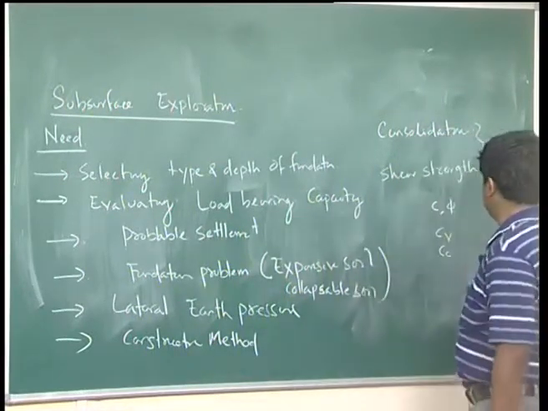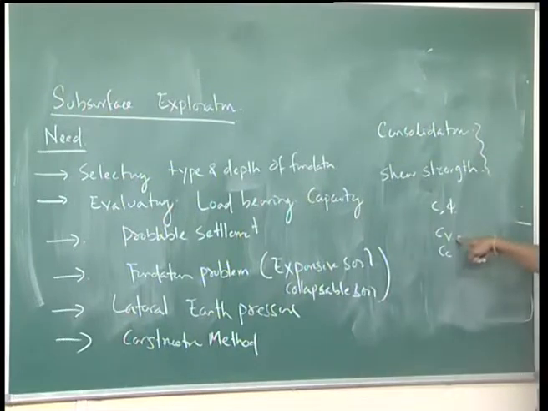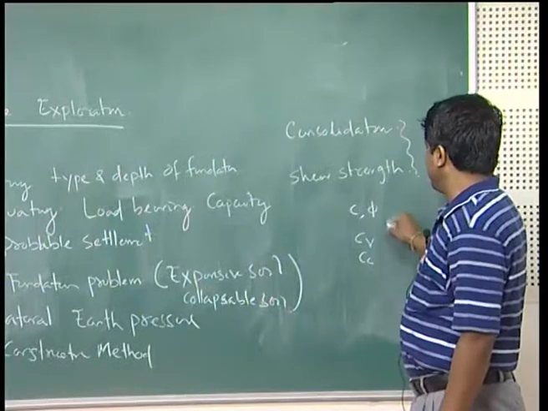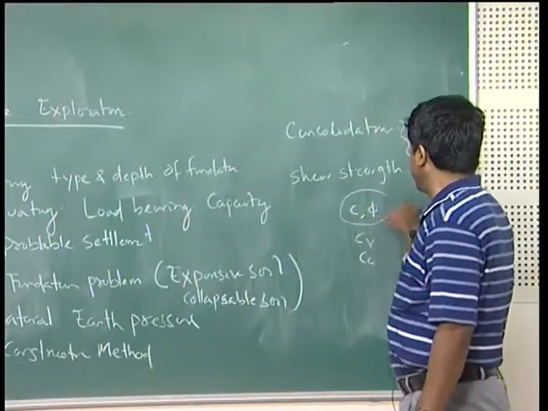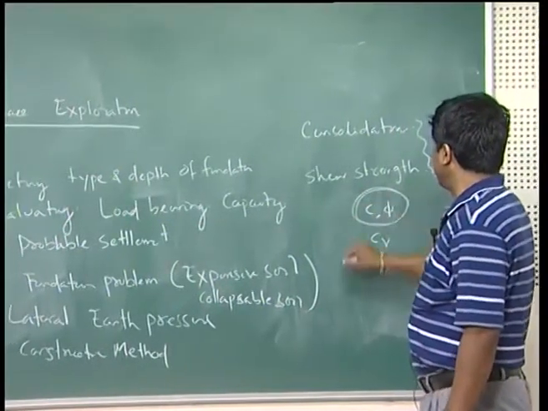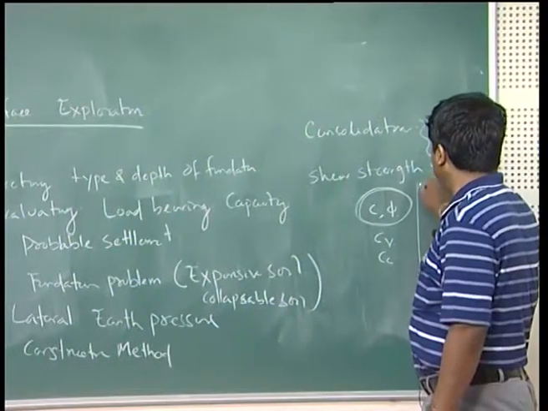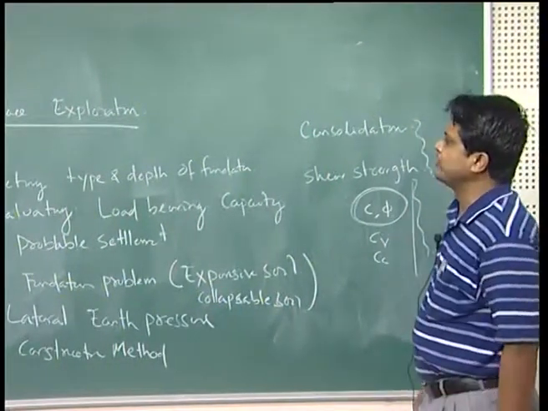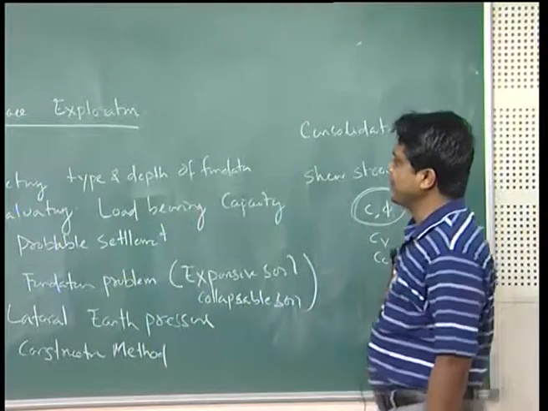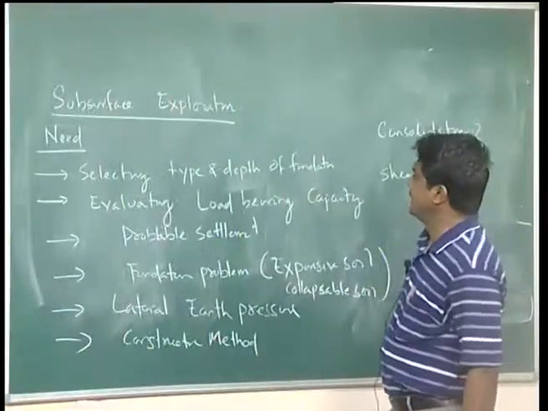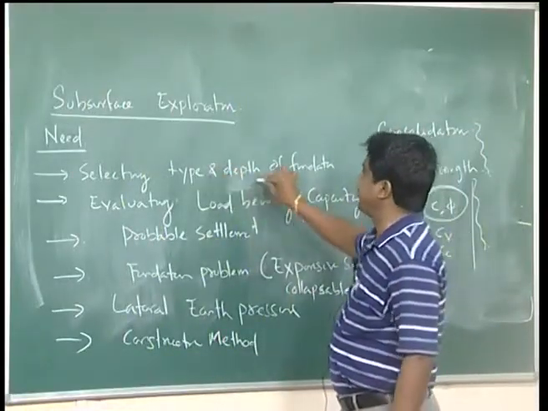As I said, Cv is the time required to consolidate and Cc is how much, and C and phi are your shear strength parameters. How are these parameters going to be useful? They are useful particularly for selecting the type and depth of foundation.